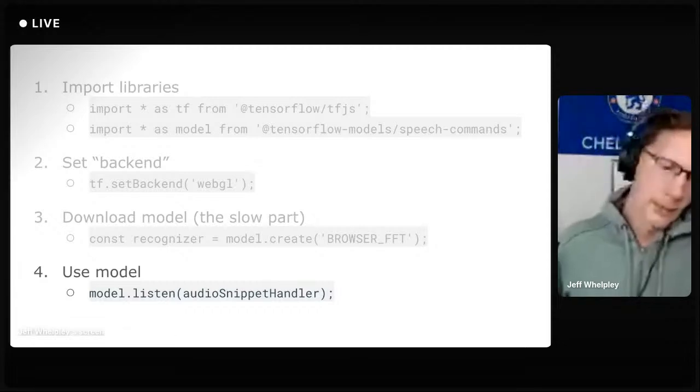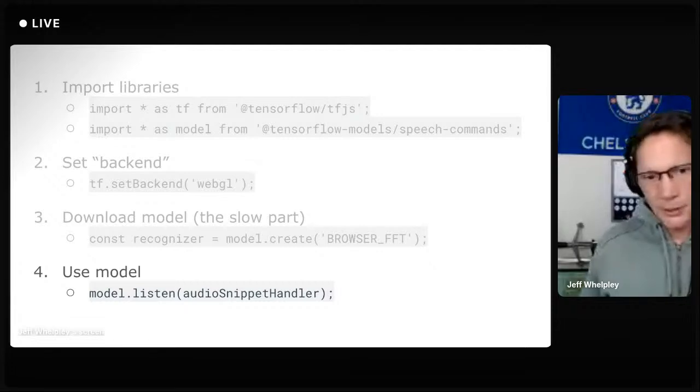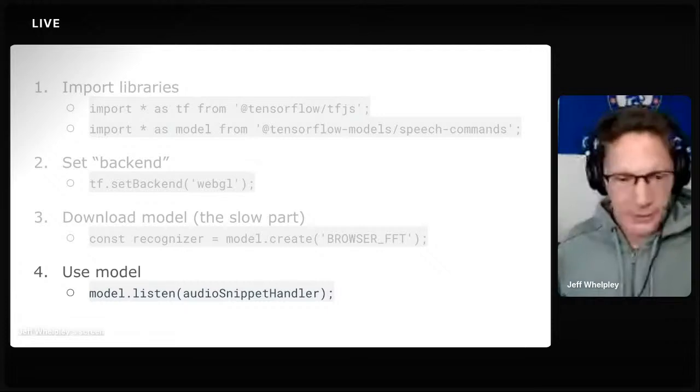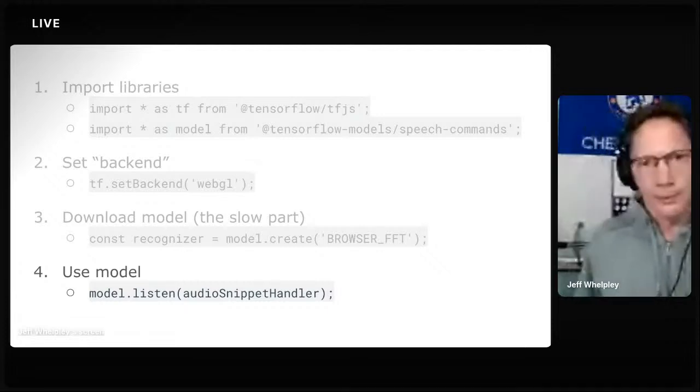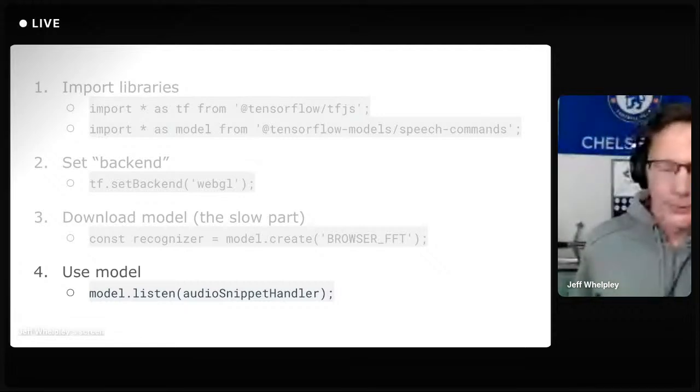So underneath the scenes, this is actually doing a lot of work. This is the highest-level API for this particular model, the speech commands one. Most of the libraries for those 14 different pre-trained models allow you to do things at different levels.